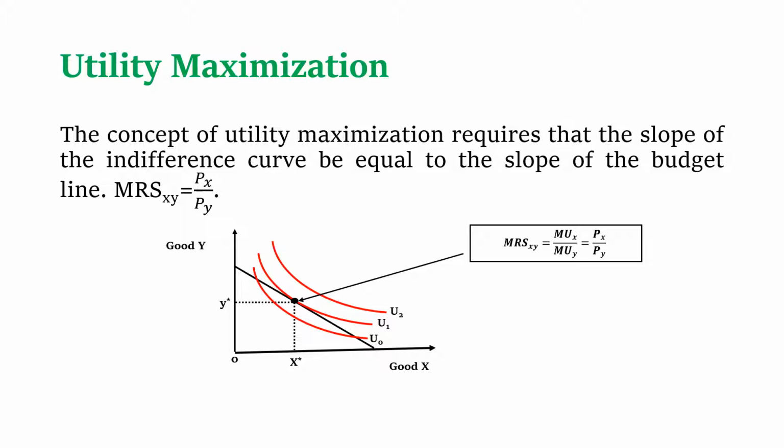And at that point, we have the optimal values of X and Y. Now, notice that the optimal value of X there is the uncompensated demand for good X. And the optimal value of Y is the uncompensated demand for good Y.